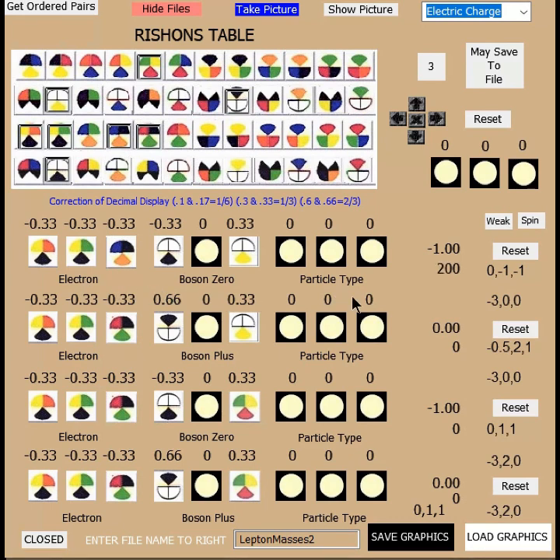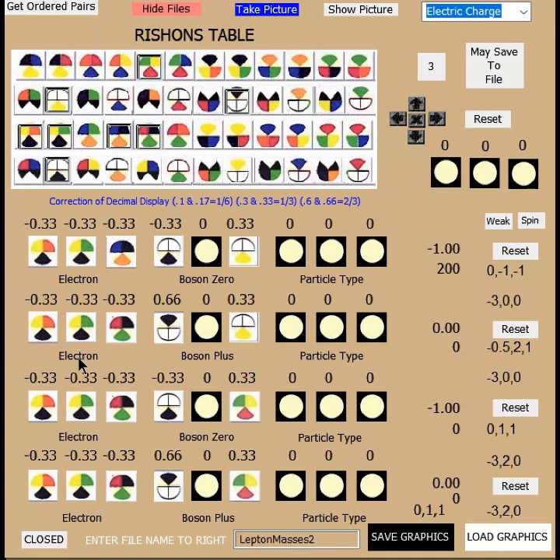So, as predicted, we have 200 electron units for the muon composition. We have no compositional value on the scalar boson, and the total compositional value is given only by the -3 on the generic electron.